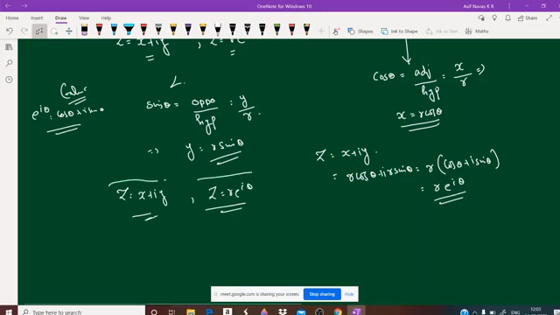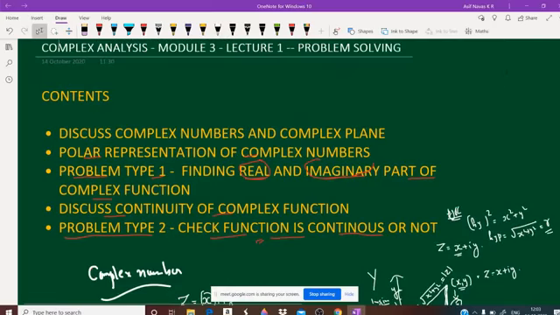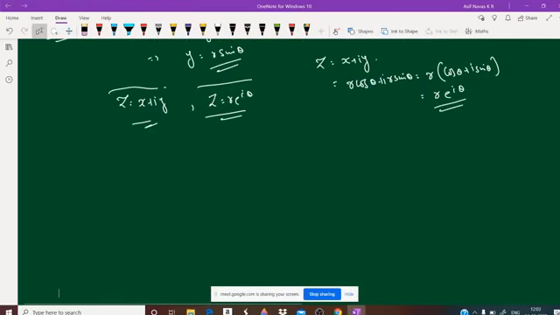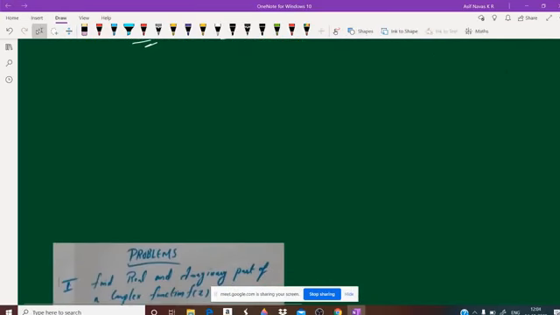Now the next section we will discuss. Similarly, if you take any complex function, what is a complex function? A complex function is a function of the form w equal to f of z.